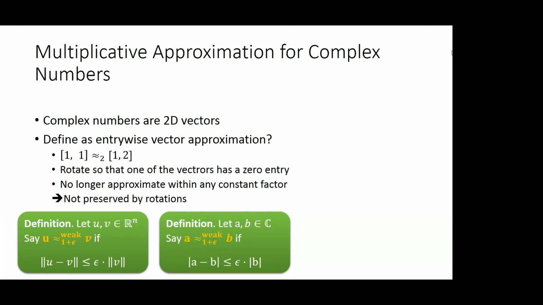Oh, and I should mention this definition, as stated, is not symmetric with respect to U and V, or A and B. But it is approximately symmetric, in the sense that you can switch A and B in the definition if you're willing to lose an additive epsilon squared in your error, which is negligible as long as epsilon is reasonably small.